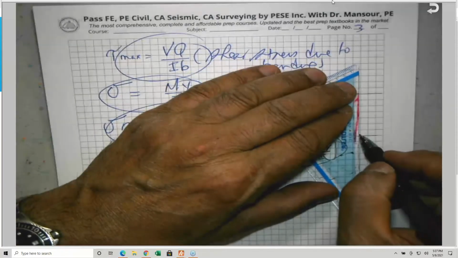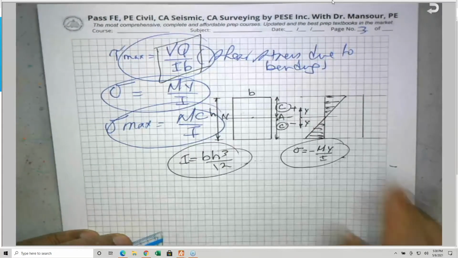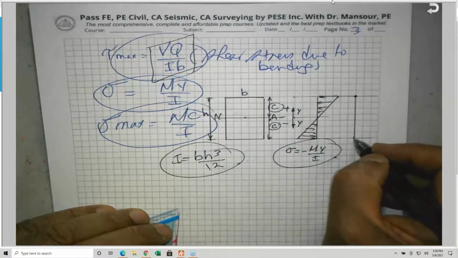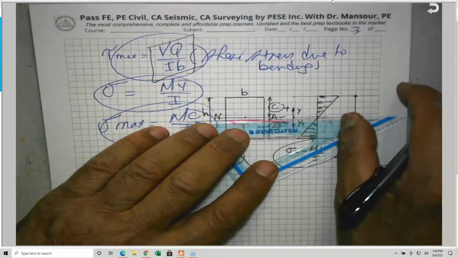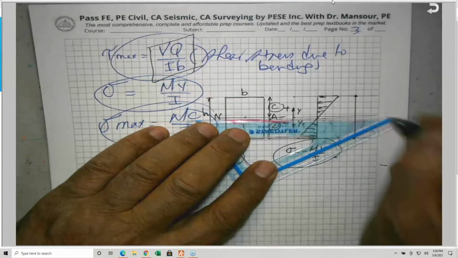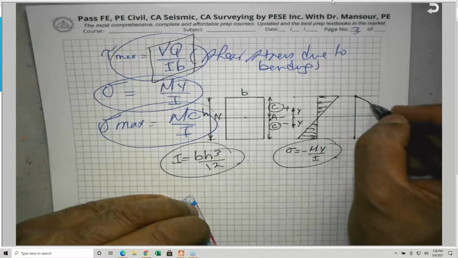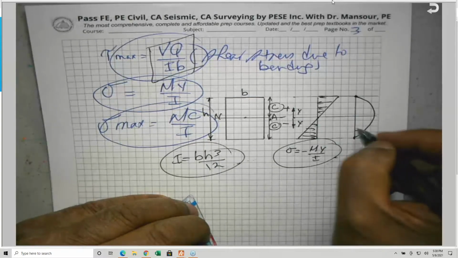If you look at the horizontal shear stress, which is this equation here, tau is equal to VQ over IB, you will find that the shear stress is equal to 0 at both ends, but along the neutral axis you will find the maximum. And the distribution is not linear, it is a parabolic distribution, by the way. It's like that, a parabola.